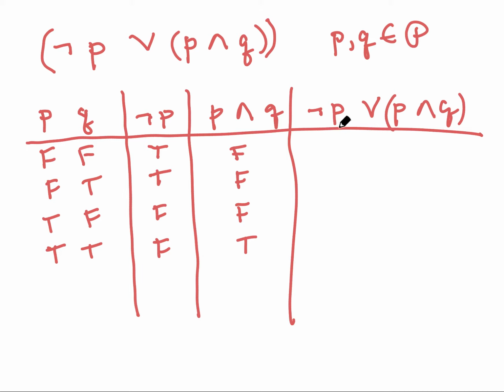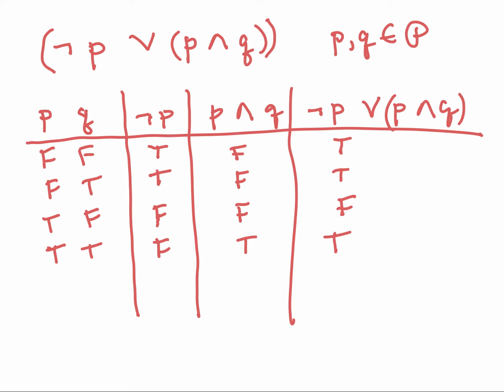We know that this will only be false if both not P and P and Q are false. And the only place they're both false is here. So not P is false in this case, and P and Q is false in this case. In all the other cases, it's going to be true. That completes our truth table.